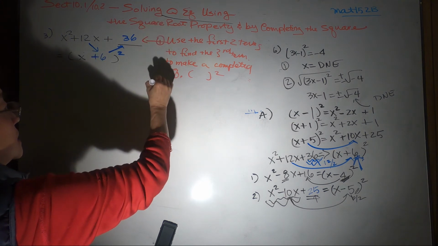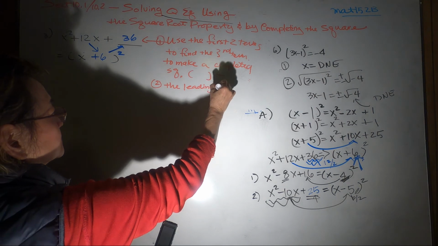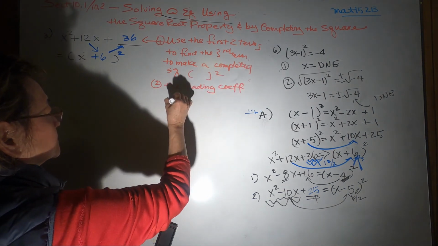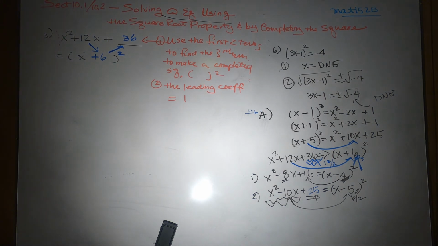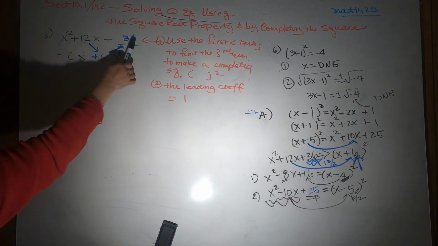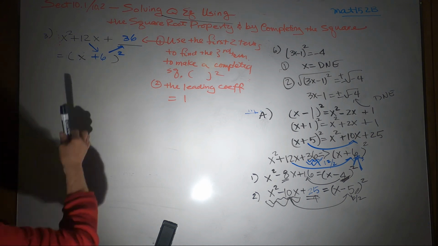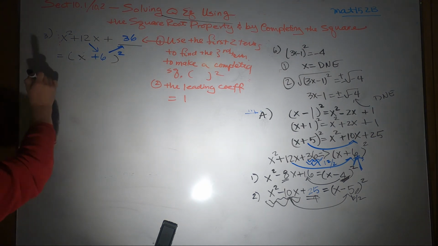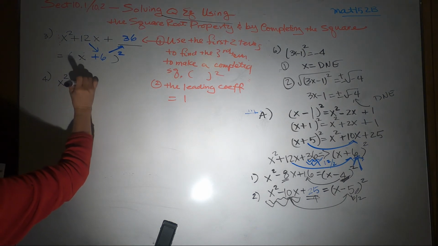Also, the leading coefficient is 1. That would be much easier, an invisible 1. So if the leading coefficient is 1, we do it this way. By the first two terms, we decide the third term we need. So then we have a complete square.